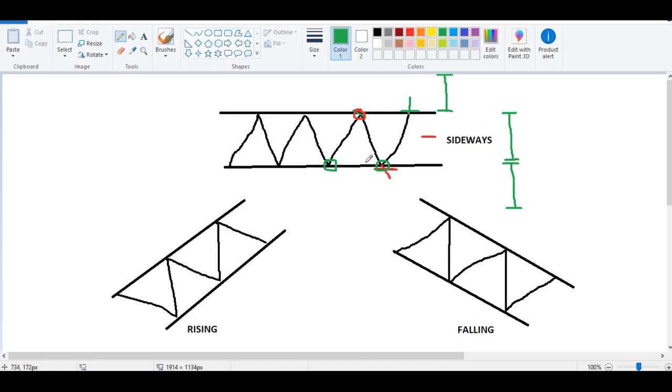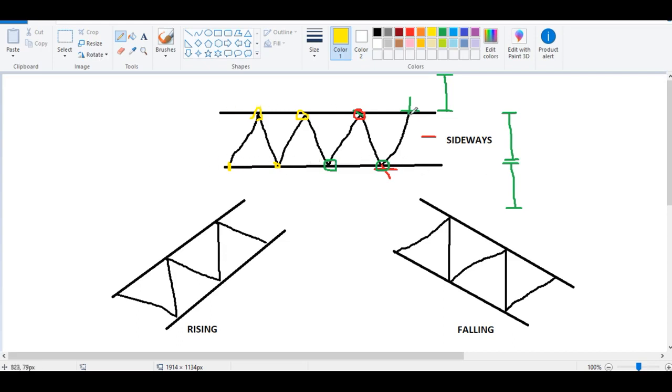Now as we learned in trend lines, how do we make a trend line? We simply need two swing highs and two swing lows. In this case, I have one swing high, a second swing high, so I can form this trend line, and I have one swing low followed by my second swing low, so I can connect these two points and make a trend line.